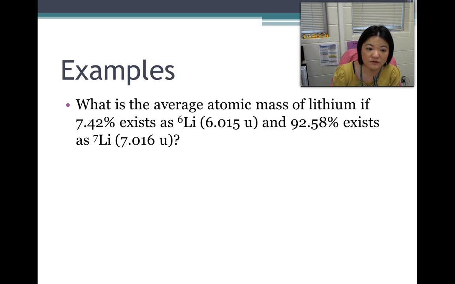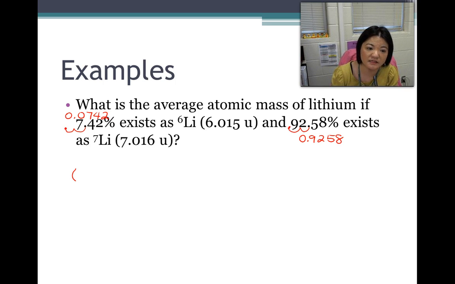Alright, the first thing that we're going to do again is to take the percentages and change them into decimal numbers. So this will be 0.0742, okay? And the 92.58% is going to become 0.9258.